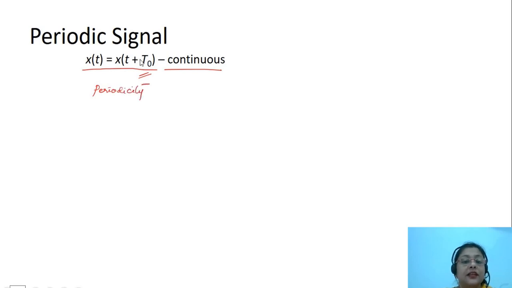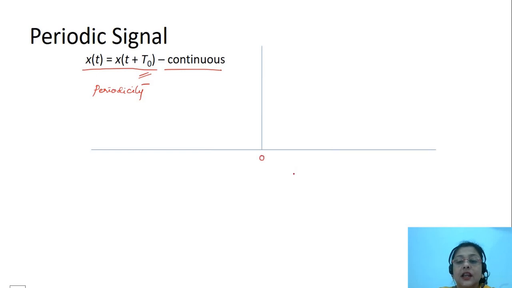of the signal. Let's understand this with the help of an example. Let's say you are plotting like this. Along this axis we are plotting the time, and along this axis we are plotting the amplitude of the signal x(t). So let's say this is a signal under consideration.